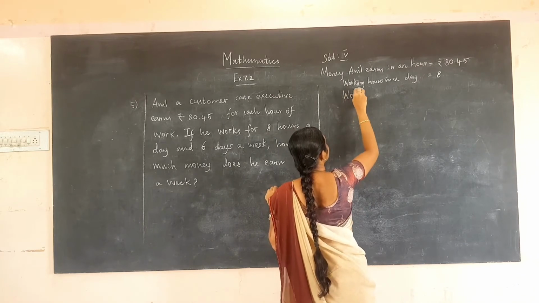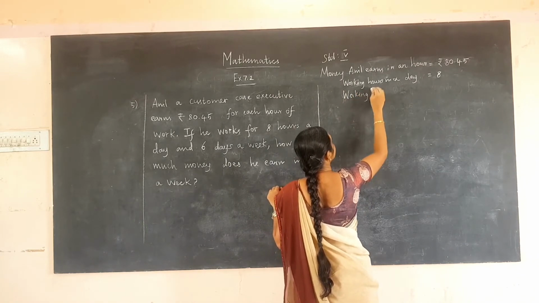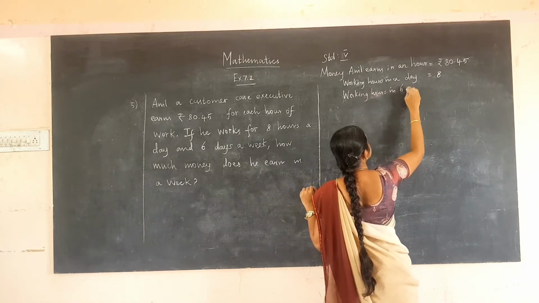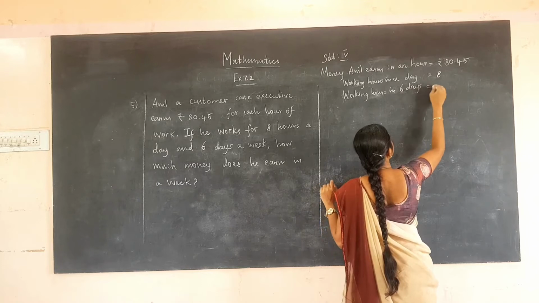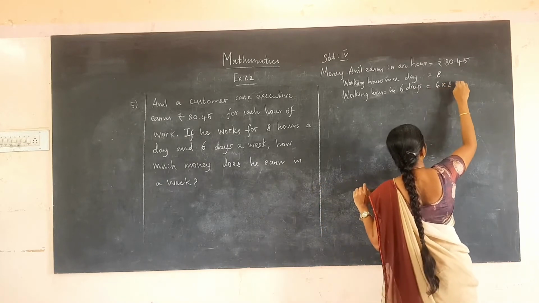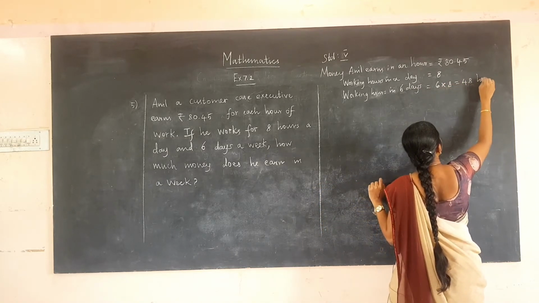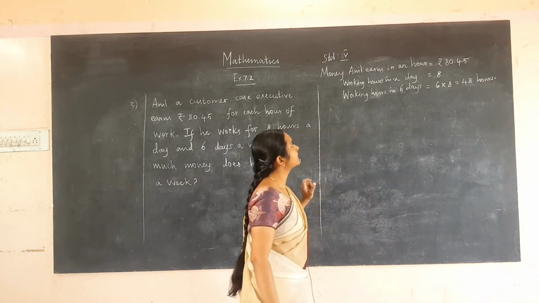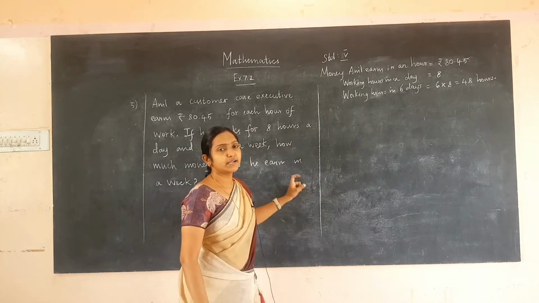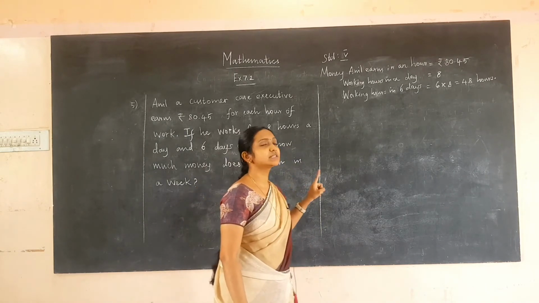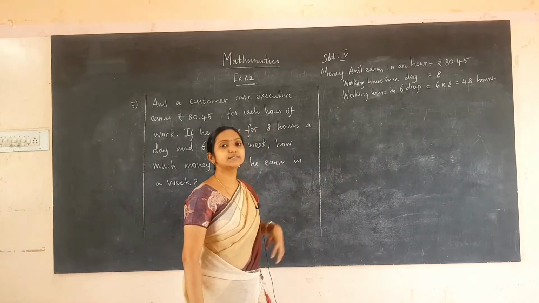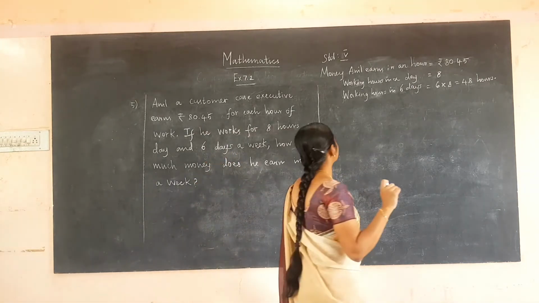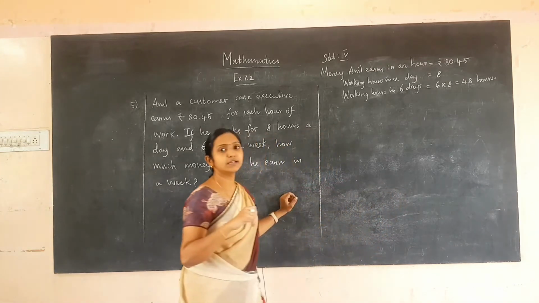So working hours in 6 days is equal to 6 into 8, that is 48 hours. Working hours in a day is 8. So working hours in 6 days is 6 into 8, that is 48. Totally for 6 days there are 48 working hours. We have to find money Anil earns in 6 days.